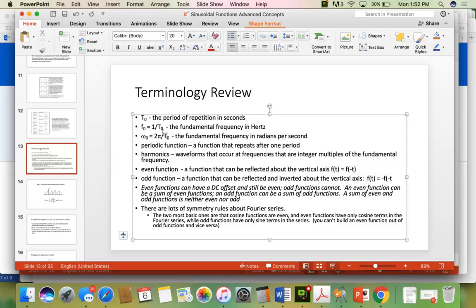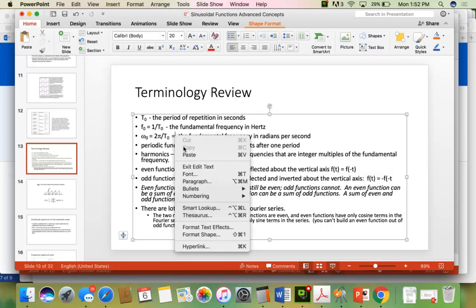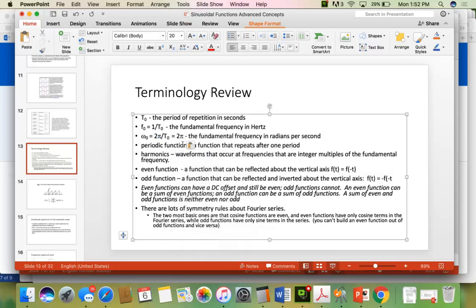So let me put a T here, and that's basically then also equal to 2 pi f. Okay, so now we got it.